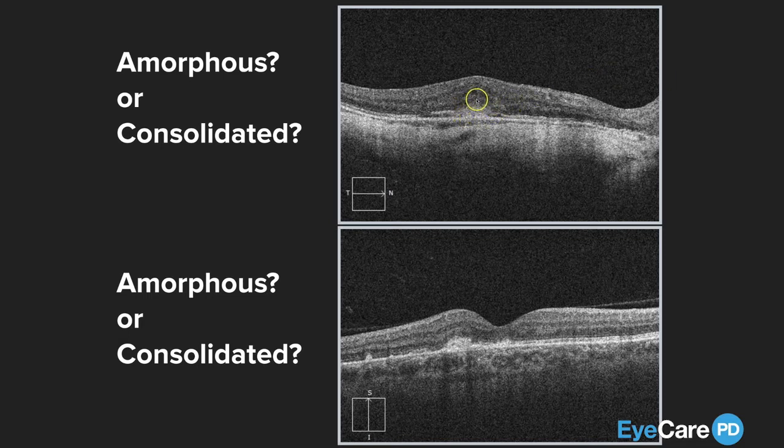There is your area of subretinal hyperreflective material. That's active choroidal neovascularization in this patient. Here is your area of consolidated subretinal hyperreflective material. It's far too deep into the retina to be drusen. Perhaps this is drusen, but this area is an area of consolidated subretinal hyperreflective material.